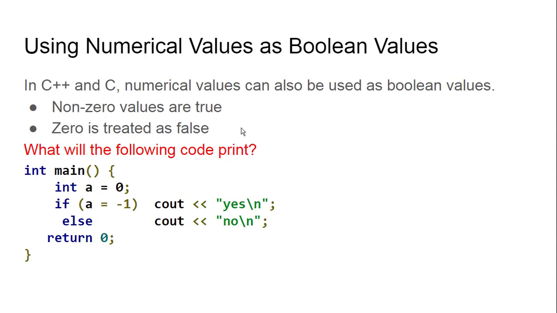To try to drive home this lesson, I want you to predict what will happen with this code. We have int a assigned to 0, and the intention is to compare whether a is negative 1; if so, we will output yes. Otherwise, we will output no. But unfortunately, while typing this, instead of double equal, we just had a single equal here. This is a very common bug.